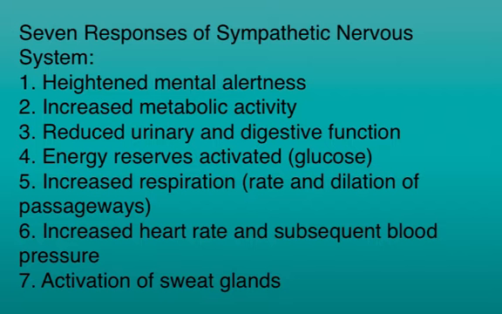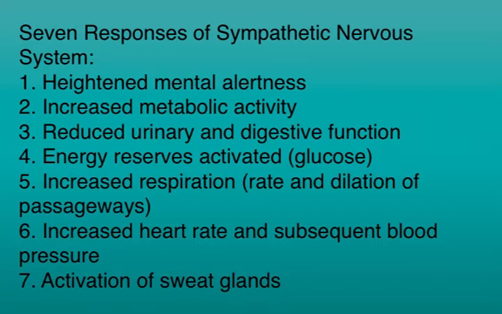Increased metabolic activity. 3. Reduced digestive and urinary functions. 4. Energy reserves activated, such as glycogen being broken down into glucose. 5. Increased respiration, including increased rate of respiration and dilation of the respiratory passageways. 6. Increased heart rate and subsequent increased blood pressure. 7. Sweat glands become activated.